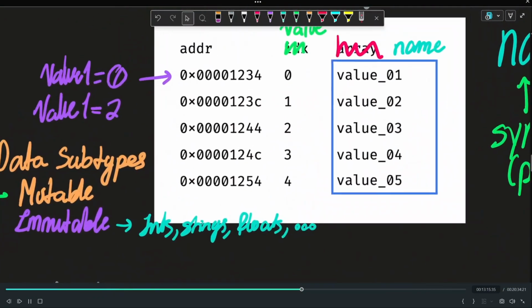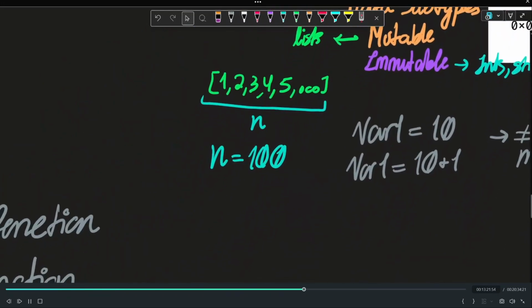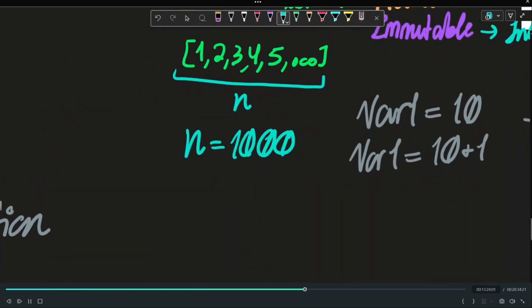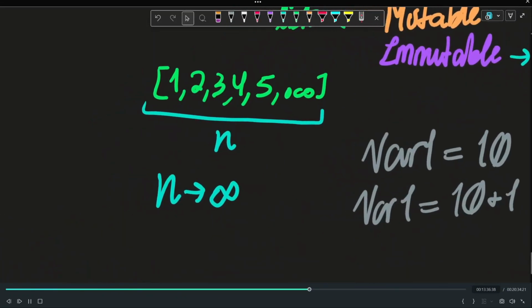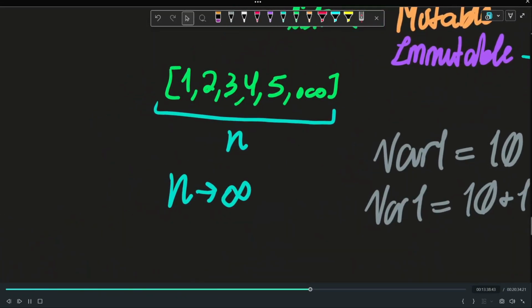Well, we have 100 unique memory addresses, and we'd shift all 100 to a random memory address. This is fine. Maybe 1,000 is also fine. 10,000, 100,000, even maybe a million numbers is fine. But the second n goes towards infinity, or you have an insane amount of numbers, you might corrupt your entire memory by changing every single value.